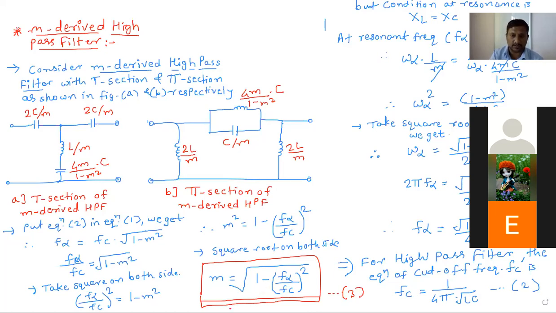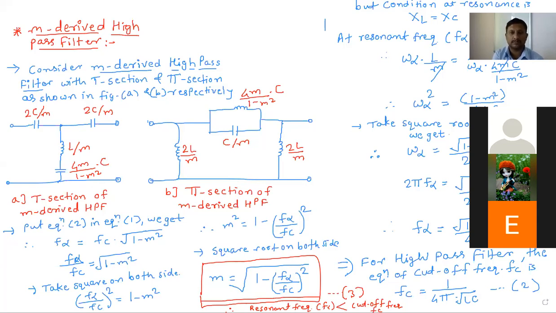So what is the condition from this equation? The resonant frequency f alpha is less than cutoff frequency FC of the high pass filter.